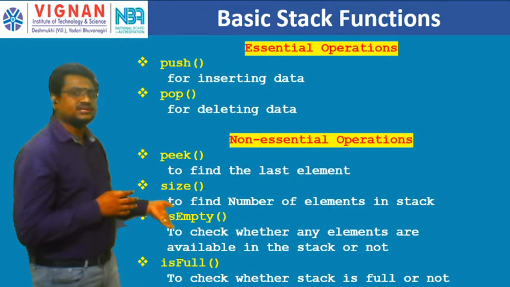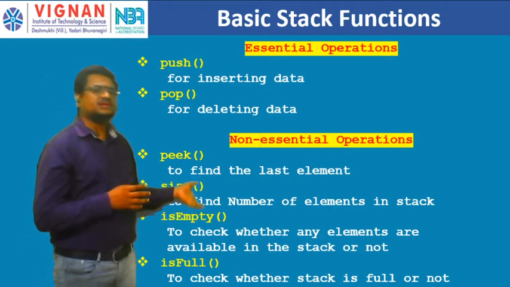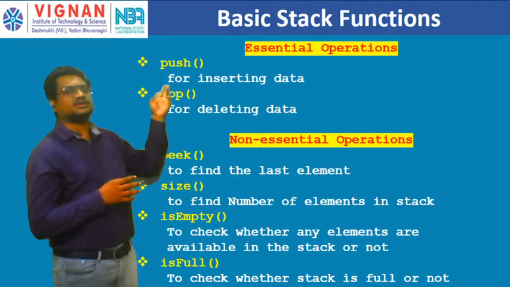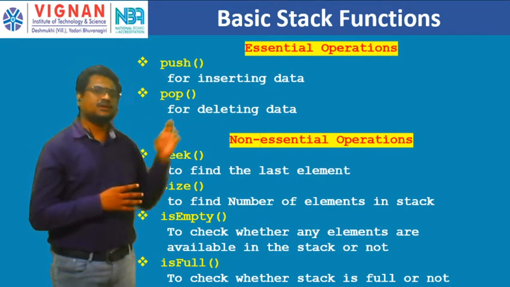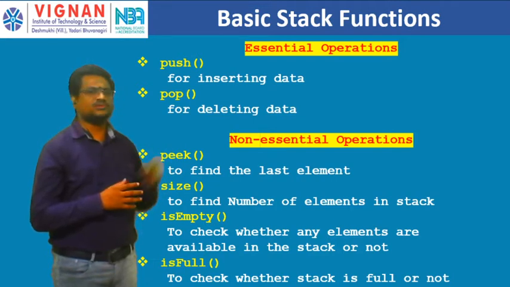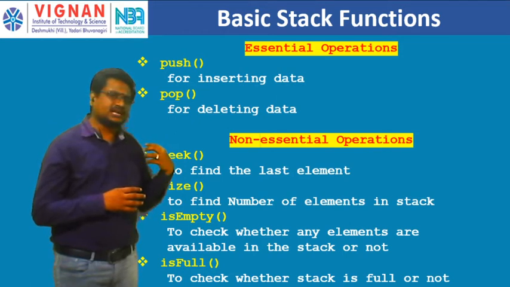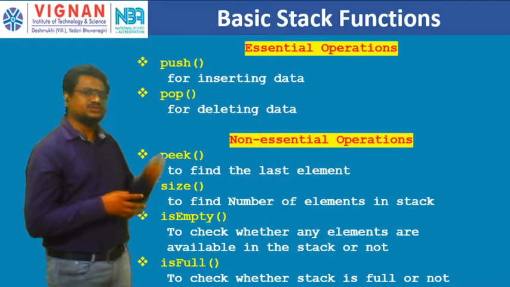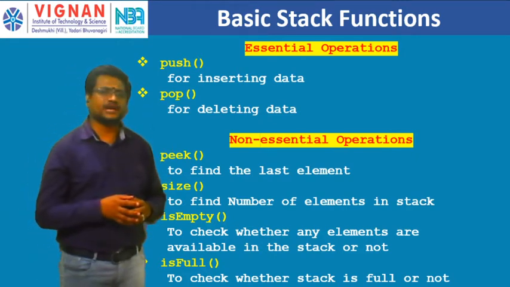The non-essential ones are not as important; they are only to know the properties of the stack. Push is for insertion of an element, and pop is for deleting the data. Both are done on the top. If I want to do operations on data, I have to do insertions and deletions. That's why these two are the very important, essential operations for a stack.